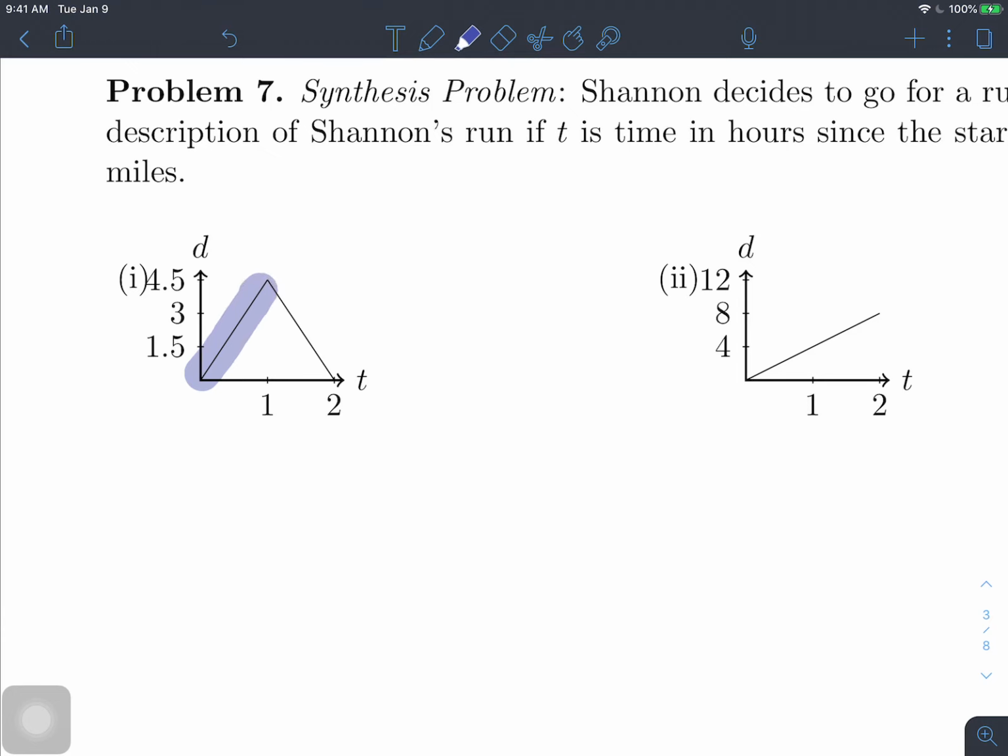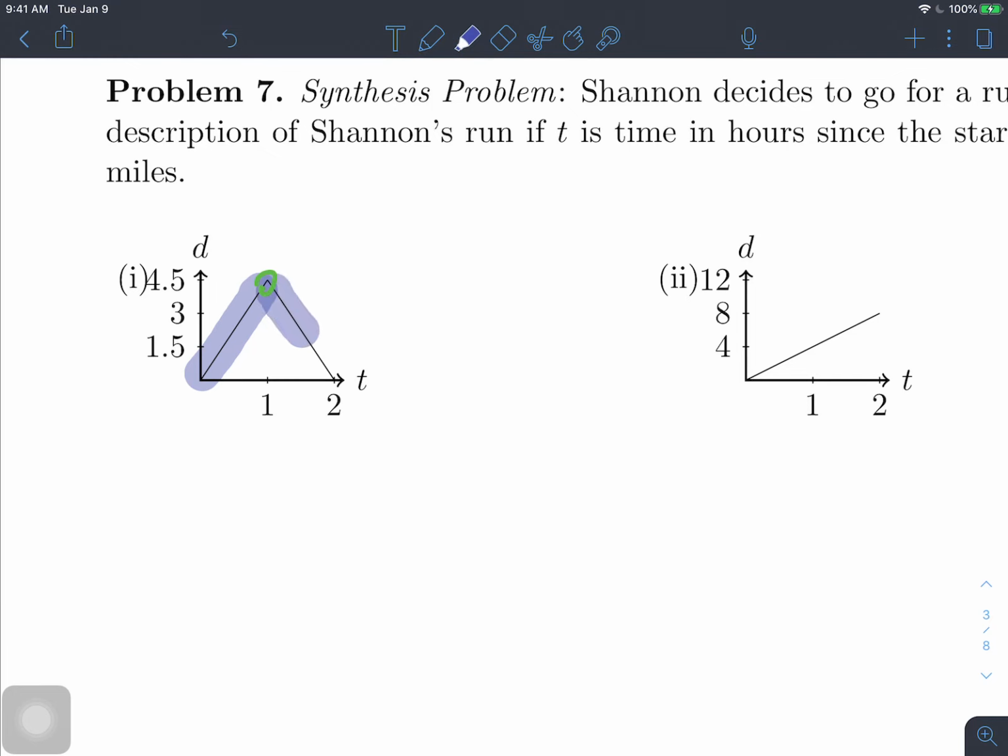So how can we think about this? As we move to the right, t is increasing, and distance from home is increasing, which means that as time moves forward, we're moving away from home. This point right here is going to be our maximum distance from home. And then we're on our way back down.